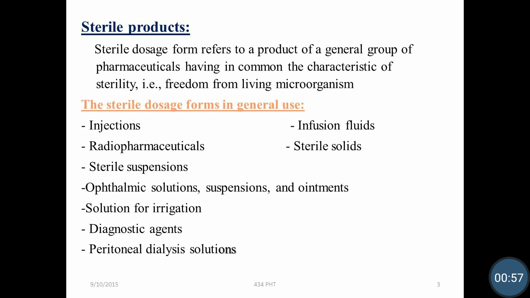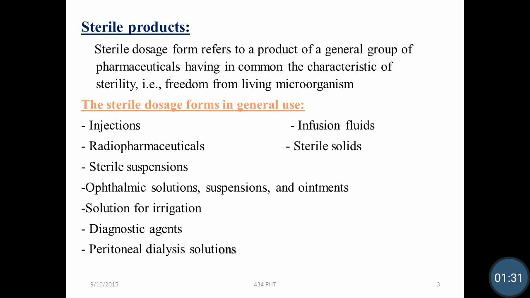So first we will see the concept of sterile dosage form. Sterile dosage form refers to a product of a general group of pharmaceuticals having in common the characteristic of sterility, that is free from living microorganisms. First I will explain what is meant by sterile.